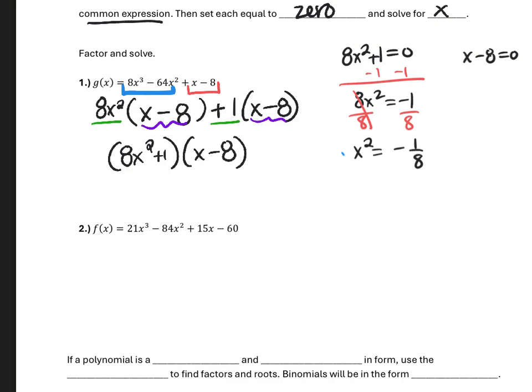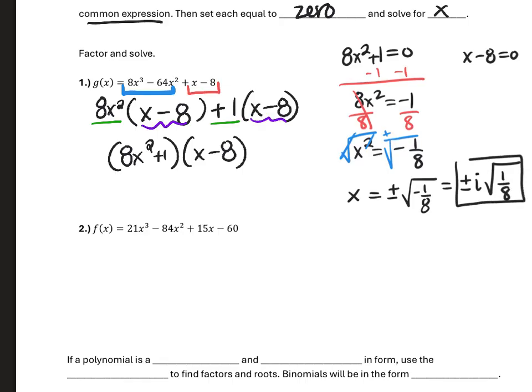I take the square root of both sides to cancel that squared, and when I insert my own square root to solve, I have to account for both the positive and negative possibility. So I get that x equals plus or minus the square root of -1/8, but I can't leave the negative underneath the radicand. I have to pull that out and say plus or minus i root 1/8. So those are two of my roots, plus i root 1/8 and minus i root 1/8.